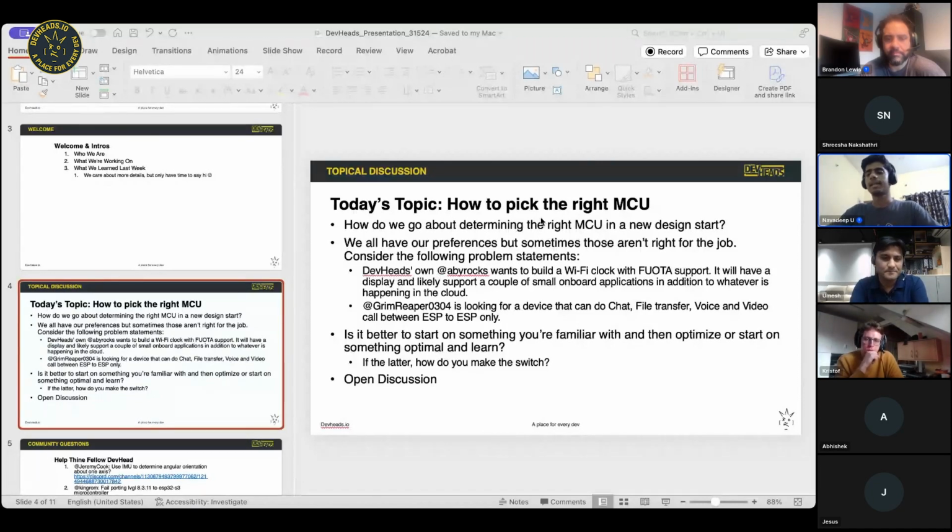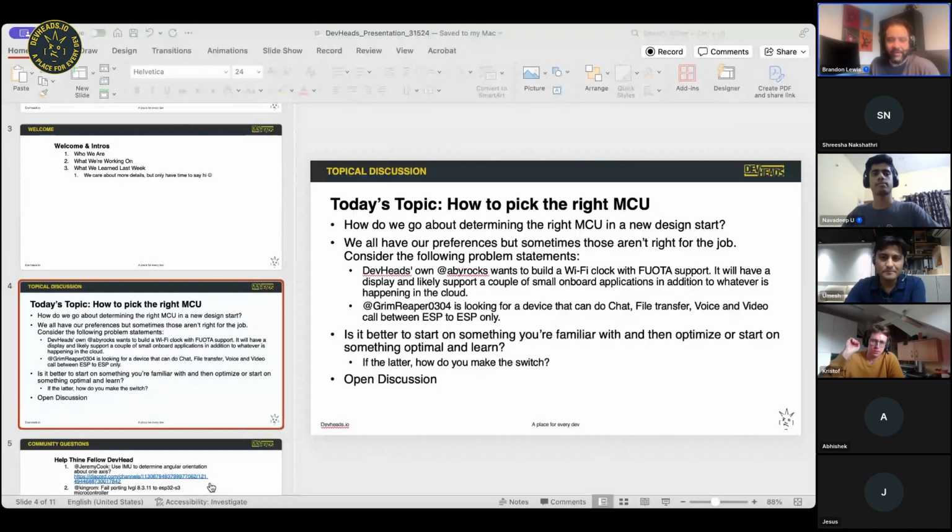Otherwise, while getting a product into the market, it's always good that the solution is optimized for power and other things, keeping development in the corner or giving it second priority, because development once done is done, and it's worth it if you give that amount of time to optimizing the power, cost, size, or whatever.